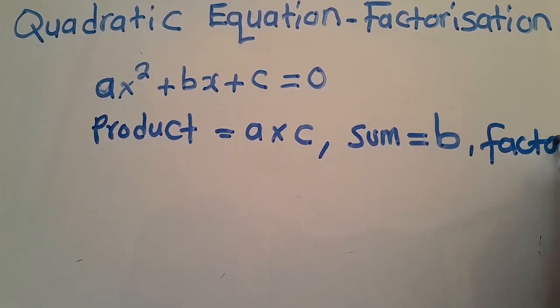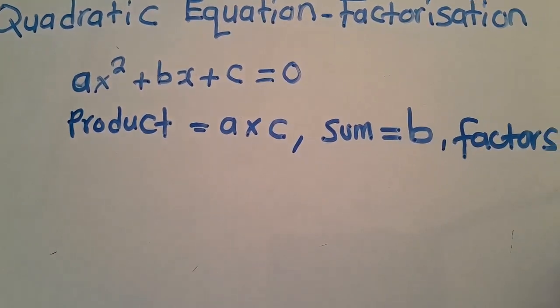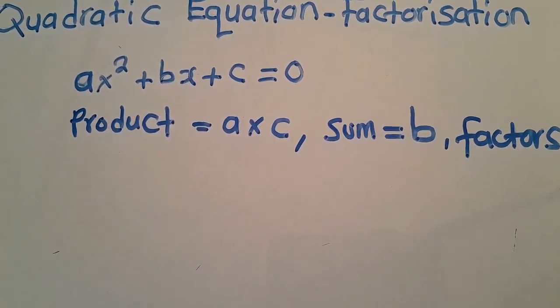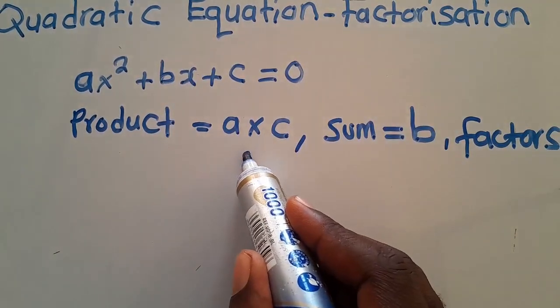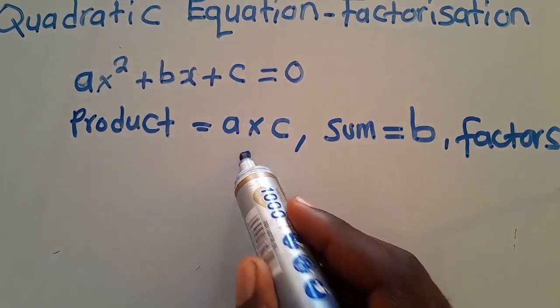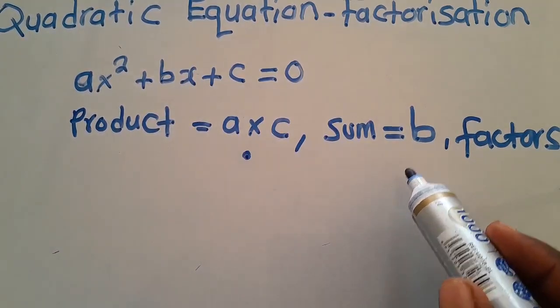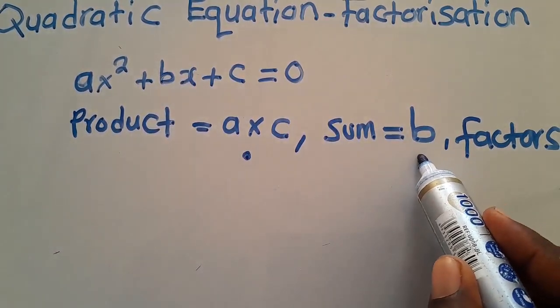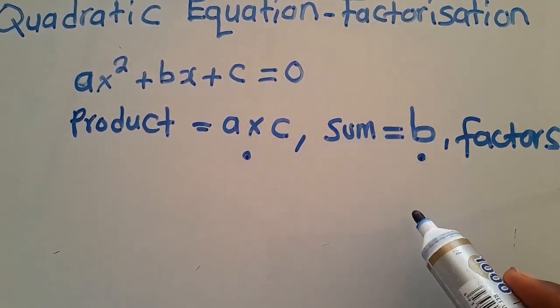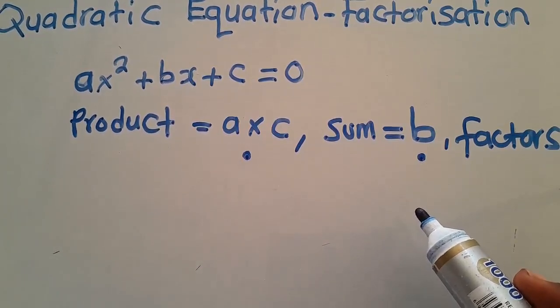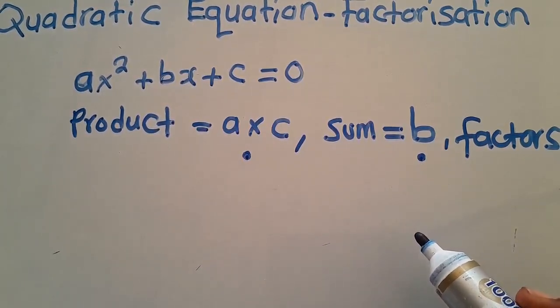What are the factors? Maybe someone is behind on the factors. The factors are two numbers that you can multiply to get the product that you found, and if you add those same factors, you need to get the sum. You are going to understand this better when I give an example.